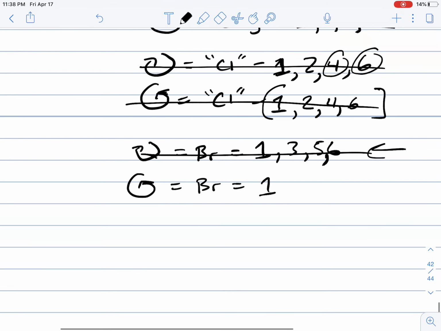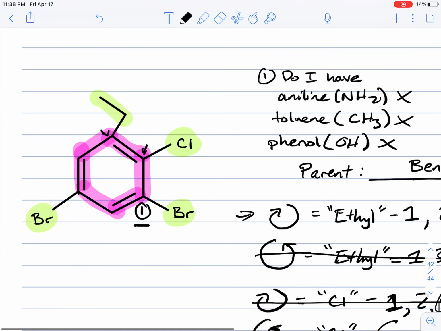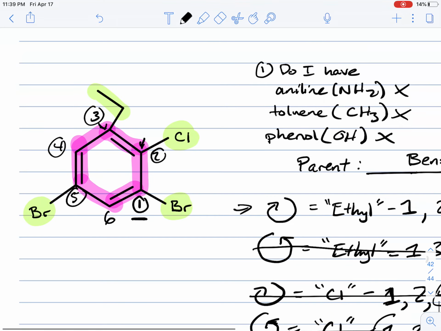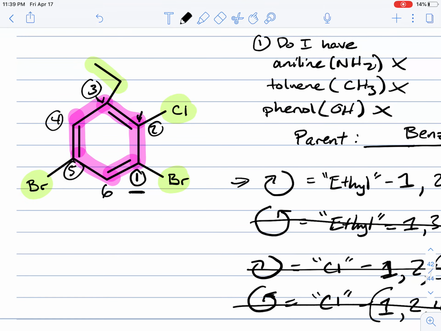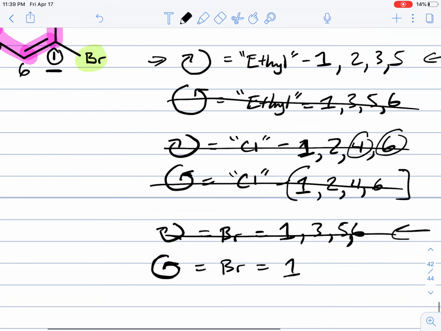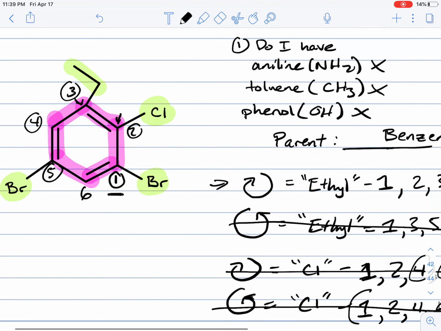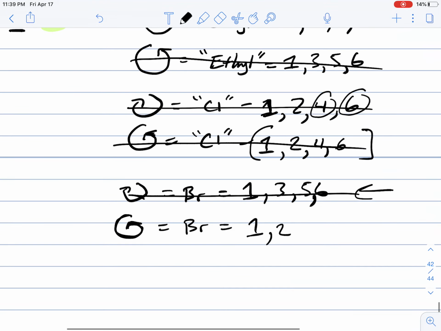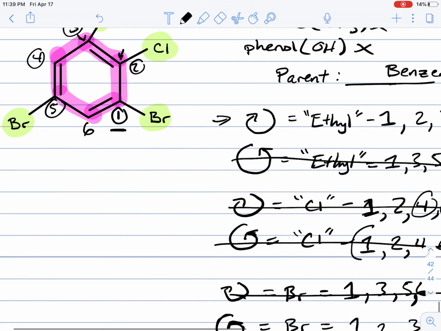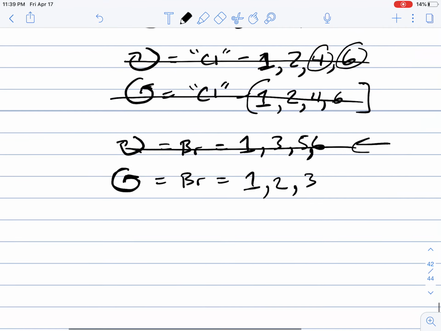Now I have to do the same thing for counterclockwise. So here I have 1, 2, 3, 4, 5, and 6. And so if I do that, I'll have bromine 1, the chlorine on top is 2, the ethyl is going to be 3, and the bromine is going to be 5.